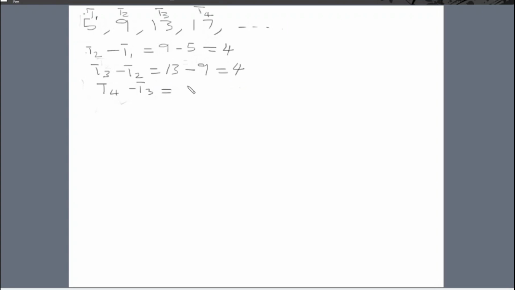And then if you take T4 minus T3, T4 is 17, T3 is 13. 17 minus 13 is also equal to 4. Therefore, this is an arithmetic sequence because we have a constant difference, or a common difference between consecutive terms of the sequence. So our common difference is 4.